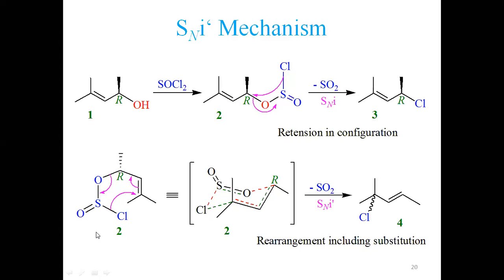So here this structure number 2 is converting into 4, involving a substitution as well as a rearrangement. This double bond from here is transferred to this position. At that position, this OH is being cleaved and Cl is bonded at this position rather than where substitution should have taken place. So this involves not only substitution but also rearrangement. So this is called the SNi prime mechanism. So we are short of time.